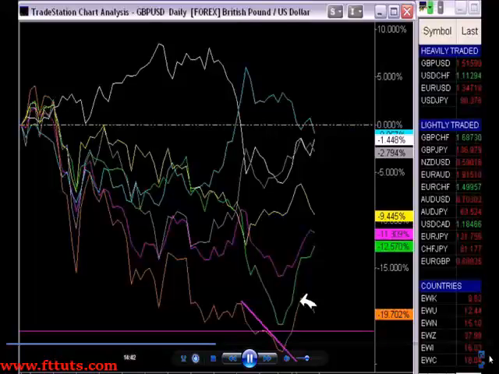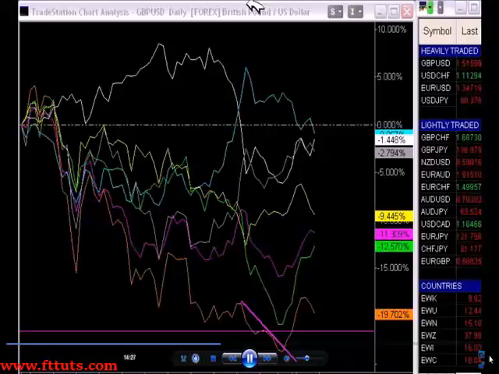However, let's take a note of something else that goes on here. So what we had, and by the way, let me just demonstrate this for you. So for example, back here, what happened? There is a break of a trend line. There we go.